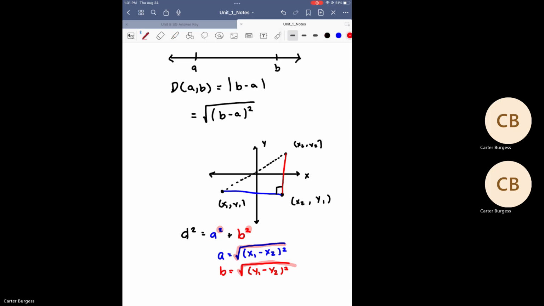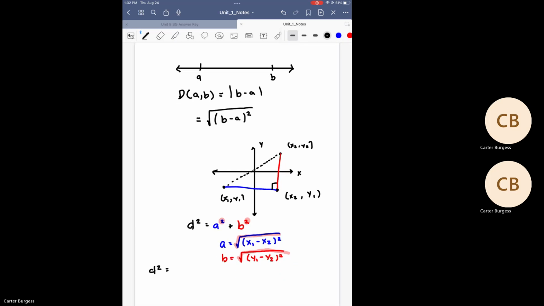And so we end up with the fact that d squared is equal to our a squared here, which is x1 minus x2 squared, plus our b squared, which is y1 minus y2 squared.